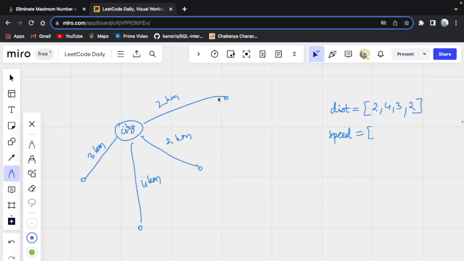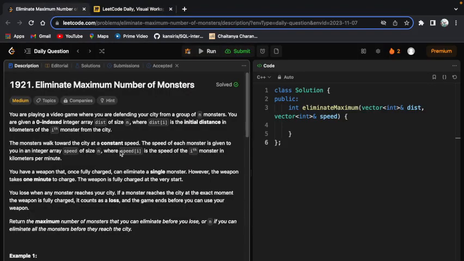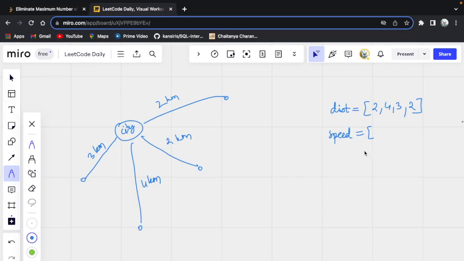Then we are also given a speed array. Inside this speed array we are told that these monsters are traveling towards the city at a constant speed. Let's take the speeds as 1, 2, 1, and 2. Corresponding to this distance of 2 kilometers the speed is 1, so that monster is traveling towards the city at 1 kilometer per minute.